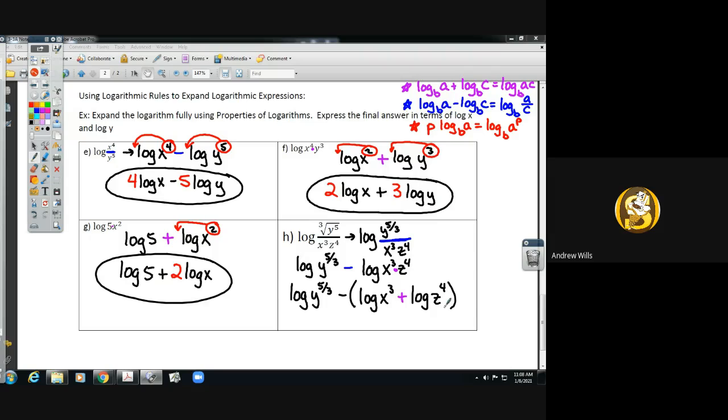Last step, the last thing that we can do is each one of those has an exponent. So we would grab the exponent and write it out in front of each logarithm. Okay?